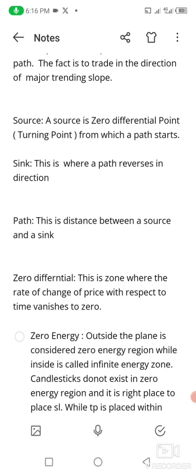Then a sink: this is where a path reverses in direction. Most times a source can be a sink and a sink can be a source. It's not even most times, they are just interchangeable. So you have to understand that.